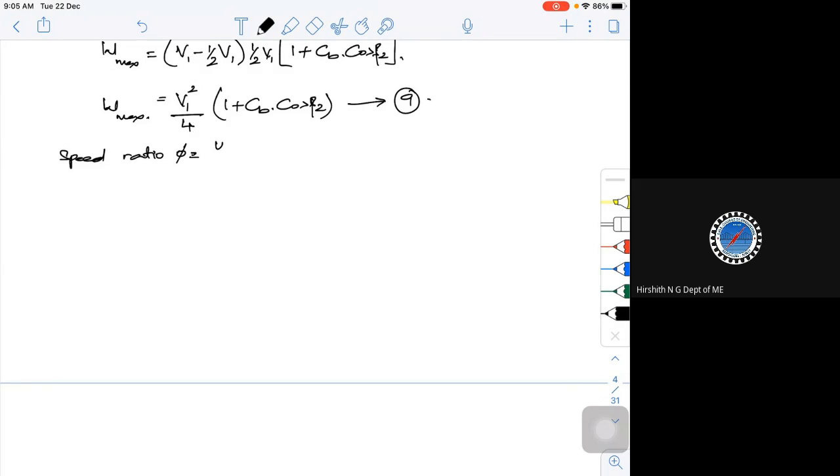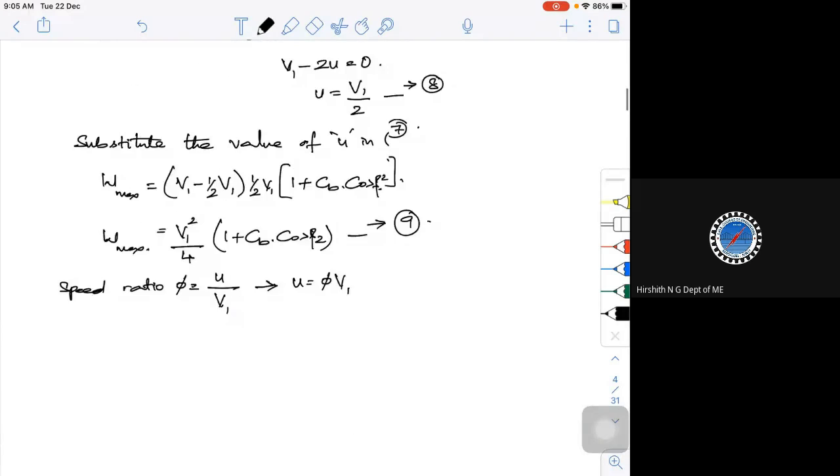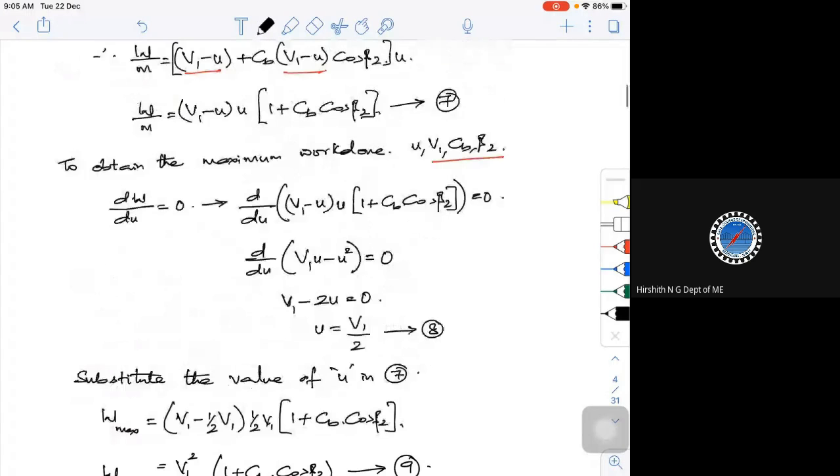It is the ratio of your blade speed to your jet absolute velocity. Or I can tell U is equal to phi into V1. I am going to take this expression 7 and substitute for U in terms of V1.